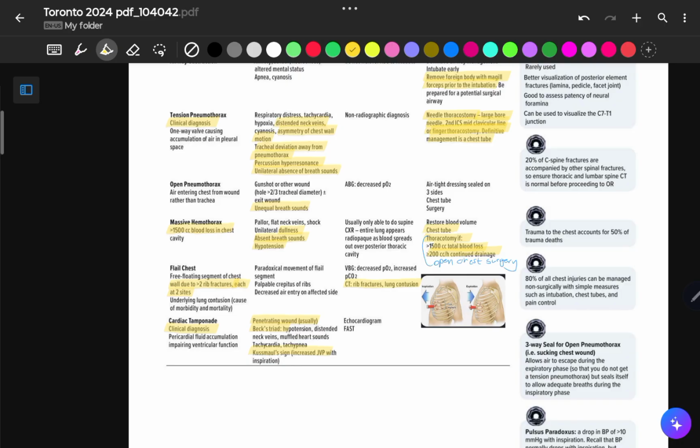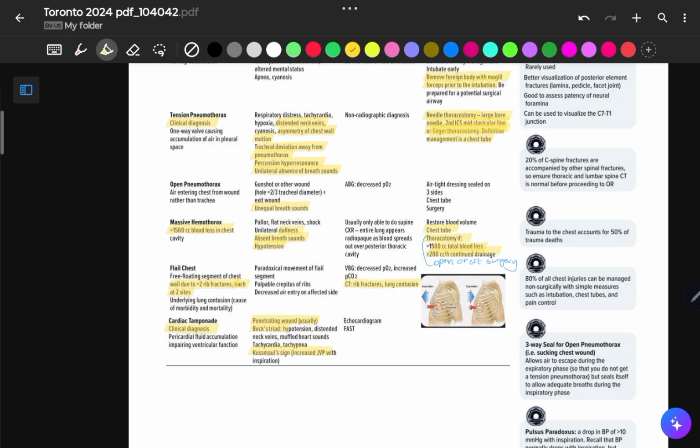You have absent breath sounds on the affected side, and hypotension because this patient has lost a lot of fluid. Then they'll have shock. They have not distended but flat neck veins, because remember they're hypotensive. Instead of the standard neck veins, they're going to have flat neck veins.